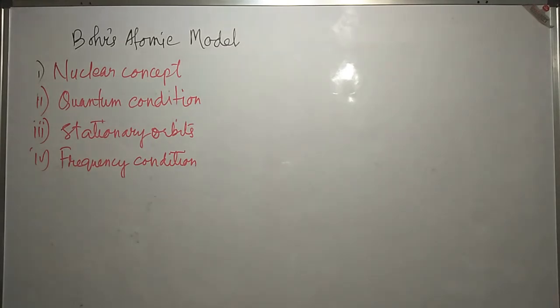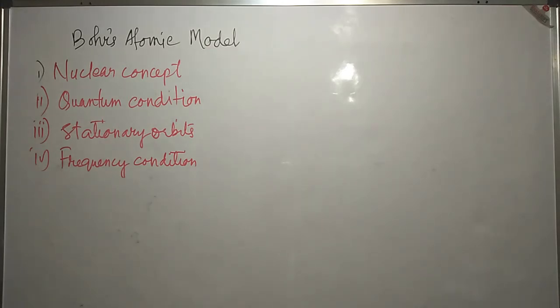Here in an atom, the electrons can either emit or absorb radiation in the form of discrete energy.